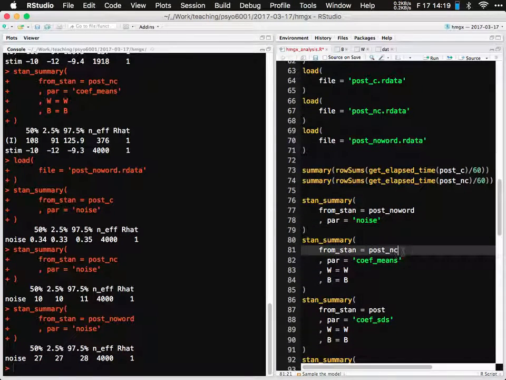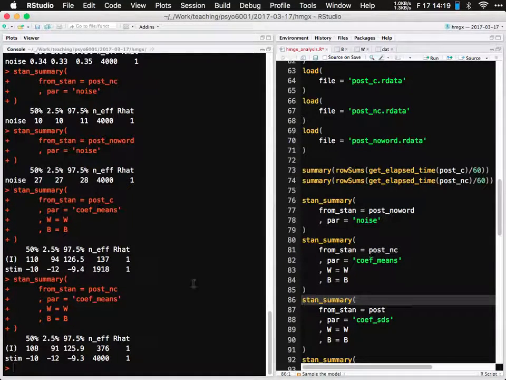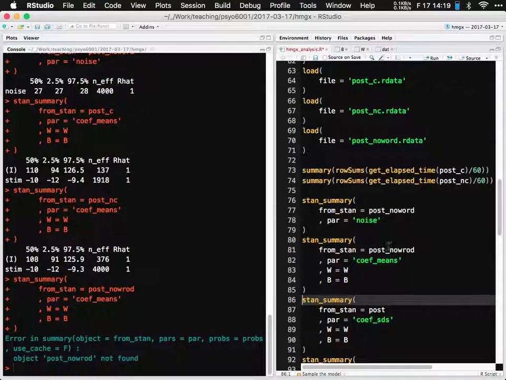The means for C are largely similar to NC. NC has a little bit better sampling, still not great on the intercept. I'm not super interested in the intercept, but let me show you what happens when we do the no word model.